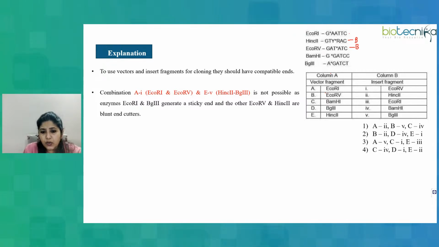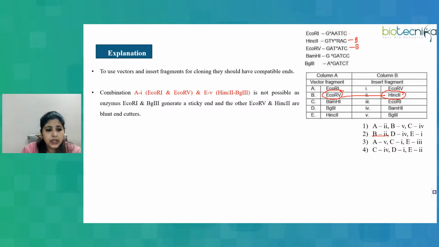So anywhere EcoRV comes with HincII, that can be used. That is B2. If you see in option 2, B2 is given. So yes, this combination is possible, because a blunt end insert in a vector having a blunt end will simply be joined by DNA ligase enzyme. Ligase acts as a glue, makes a phosphodiester bond and connects these two DNA molecules.